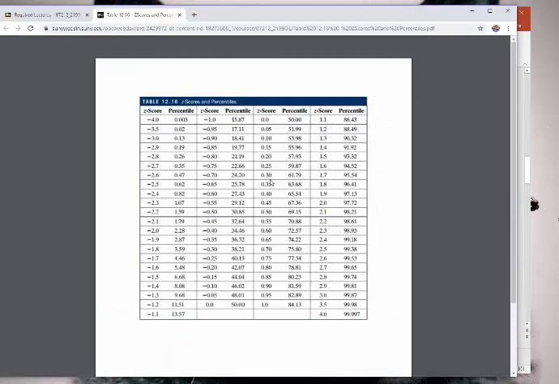It's also linked in your online Blackboard lecture. You go to your z-score, keep going down, and I find 1.5. A z-score of 1.5 is in the 93.32 percentile. What that means is 93.32% of people are less than that number, so have a cholesterol level less than that. It's really easy. Just find your z-score and then find the corresponding percentile.